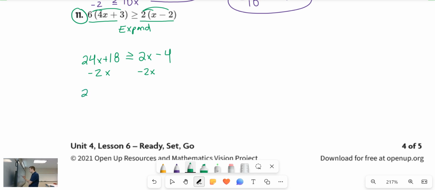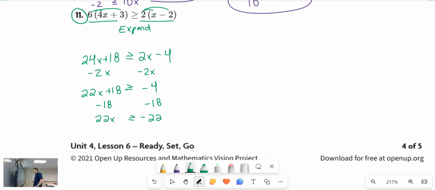24x minus 2x should be 22x. We still have that plus 18 is greater than or equal to, the 2x has gone away, so we just have negative 4. And then we can subtract 18 from both sides. So we get 22x is greater than or equal to negative 22.